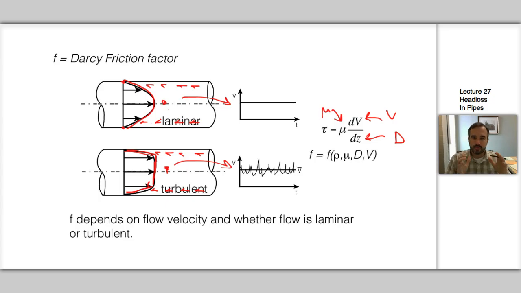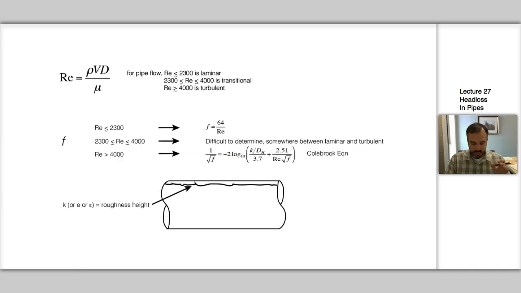Okay? So what we know, because the shape of the profiles of the flow is changing, the friction factor is going to be dependent on the flow velocity and whether or not the flow is laminar or turbulent. Okay? And Osborne Reynolds, back in 1886 or so, developed what we call a non-dimensional number.